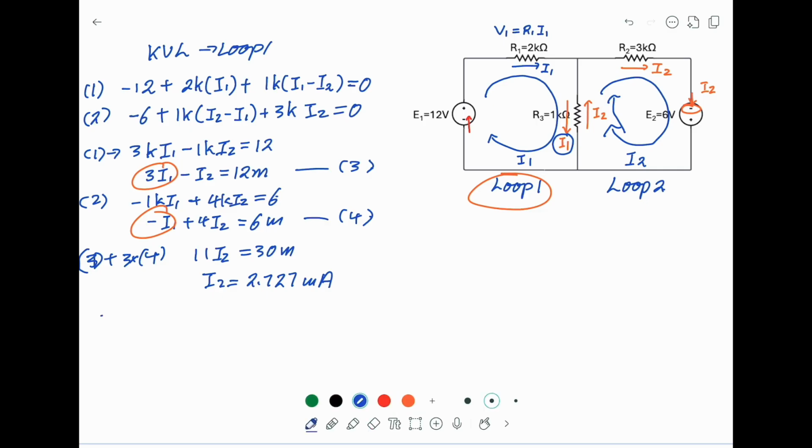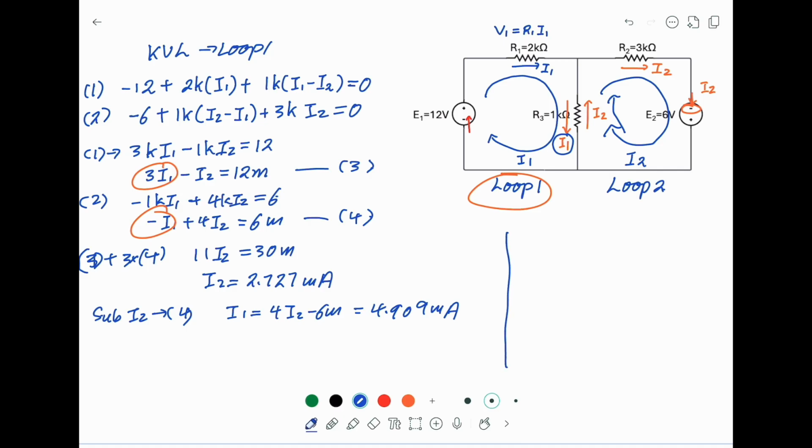So substitute I2 into equation 4. So you will get I1 equal to 4I2 minus 6m, and you will get I1 equal to 4.909 milliamp.